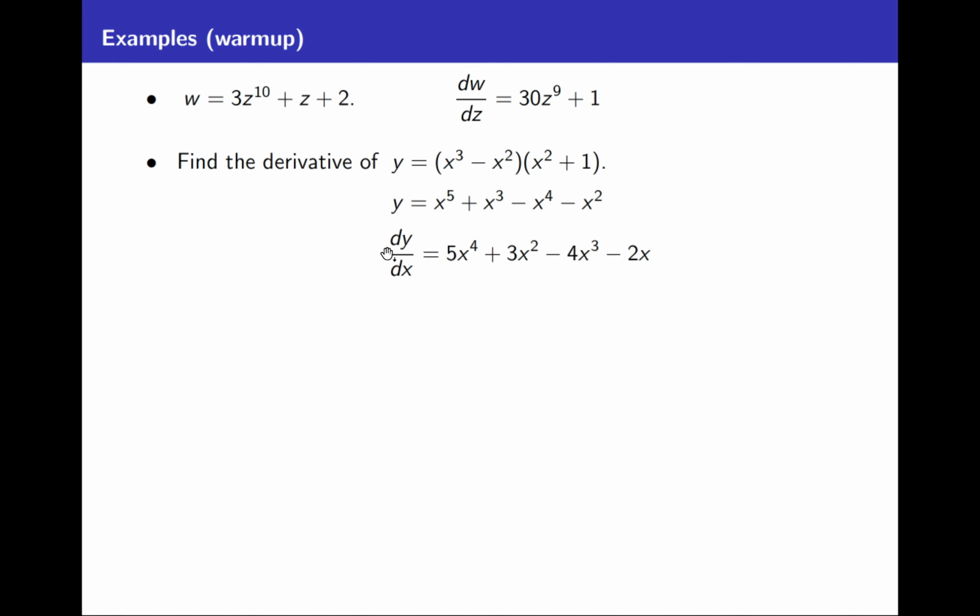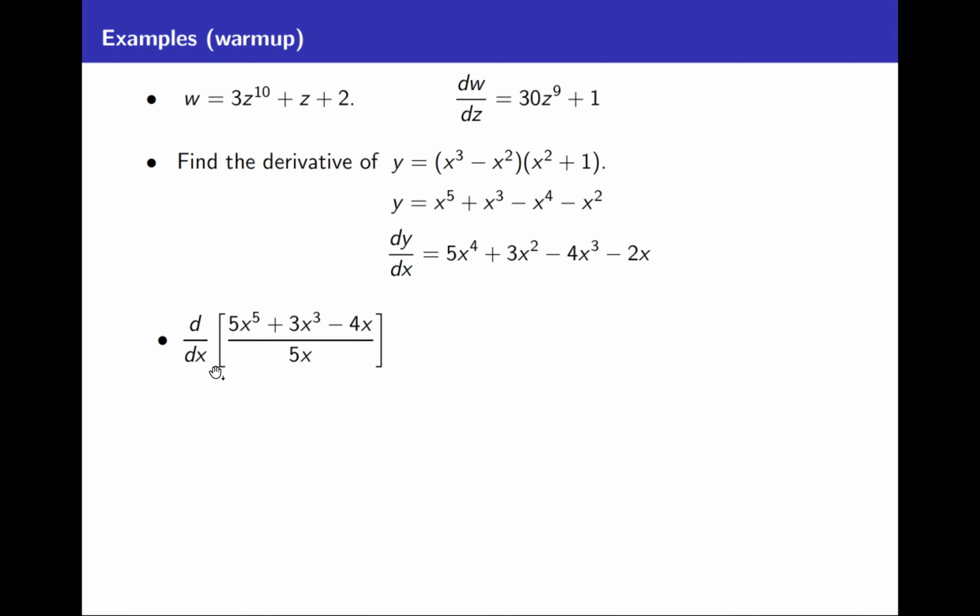And then you could find the derivative of that using familiar rules. dy dx is 5x to the 4th plus 3x squared minus 4x cubed minus 2x. So watch out for this. It's sometimes necessary to change a function slightly using algebra to get it into a form to which the rules apply.